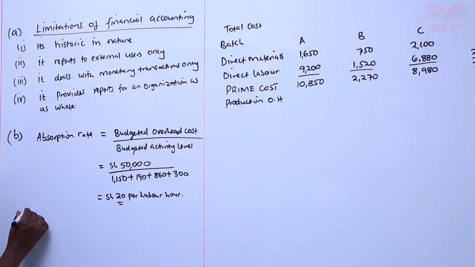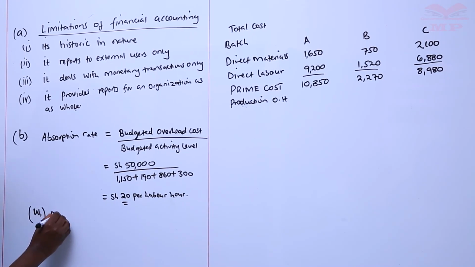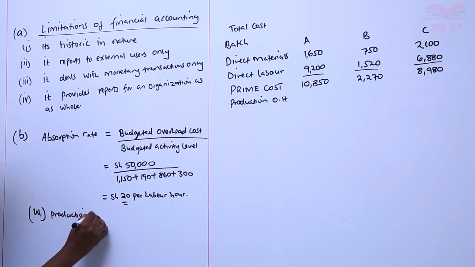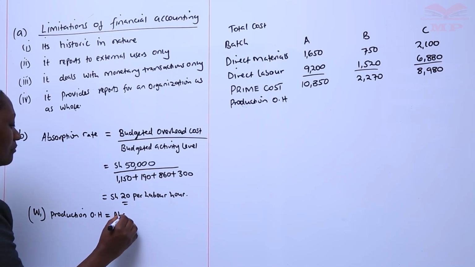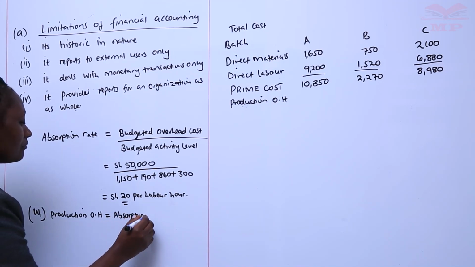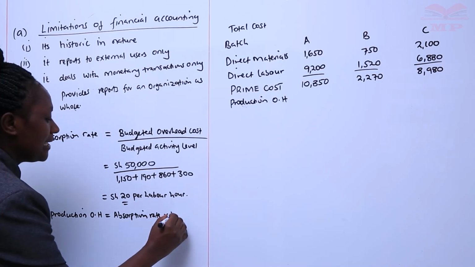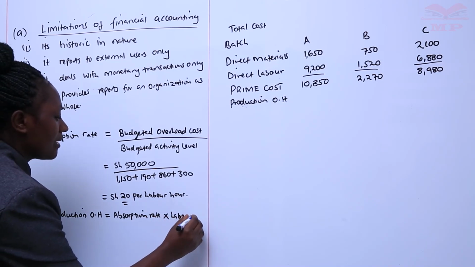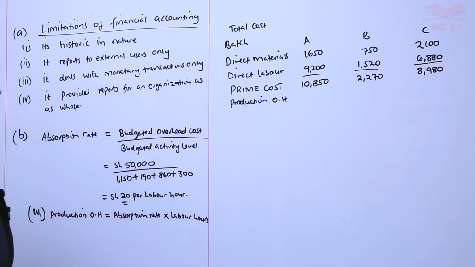This is working number 1. Production overheads will be equal to absorption rate multiplied by labor hours. That is for each batch.